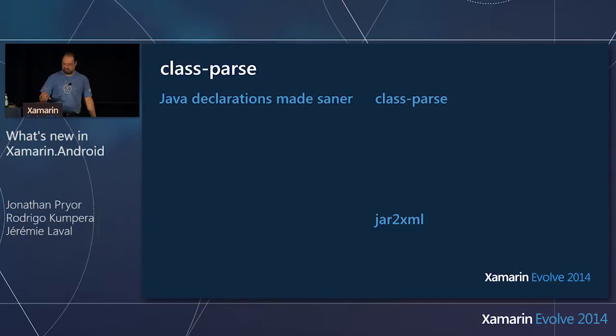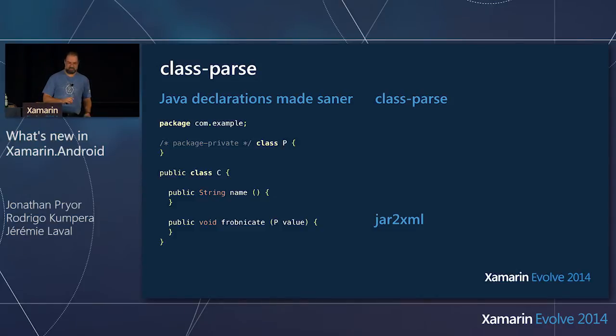So one of the issues that we have encountered is this example Java code. We have a public class C that happens to have two methods, which we'll meet again, but we have a package private class P. And so we use our package private type as a parameter on one of the methods.